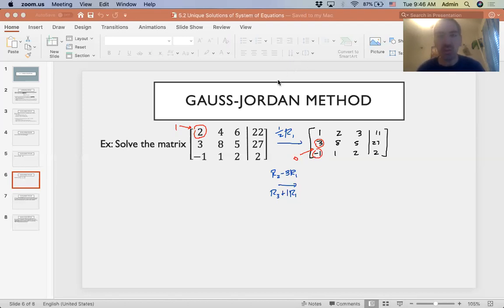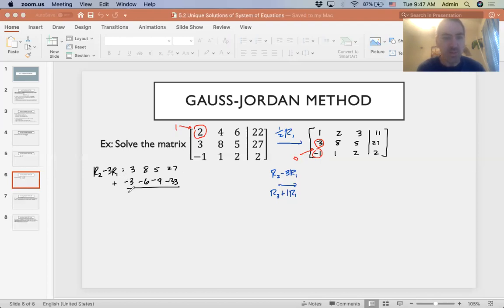Okay, so we can work over here in the margin. My first, row 2 minus 3 times row 1. That is 3, 8, 5, 27. And negative 3 times row 1 is negative 3, negative 6, negative 9, negative 33. I'm adding that here.